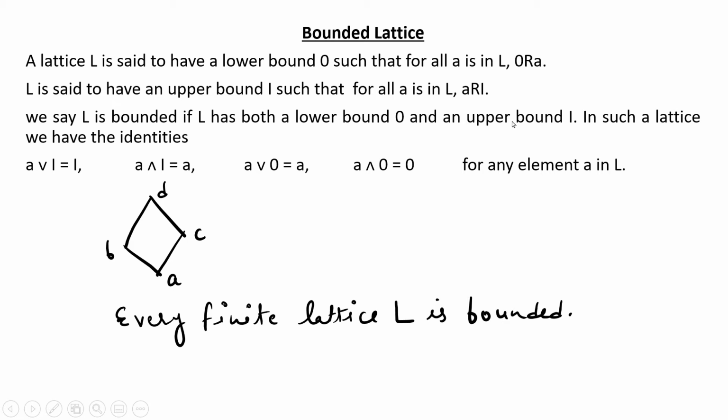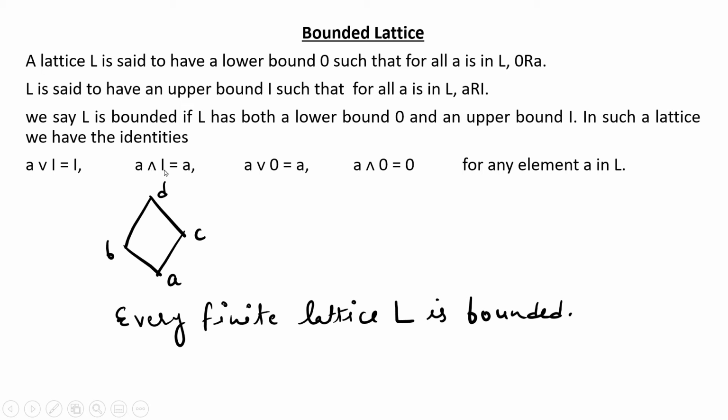and upper bound. In such a lattice, we have identities like A join I would be equal to I. So here A is lower bound O and D is upper bound, that is I. So A join D would be least upper bound, which is D, and D is the upper bound.